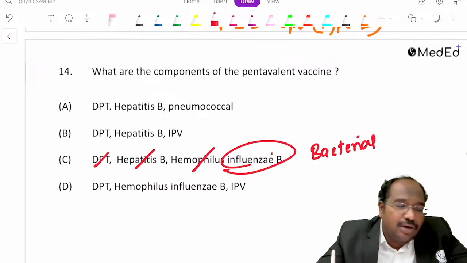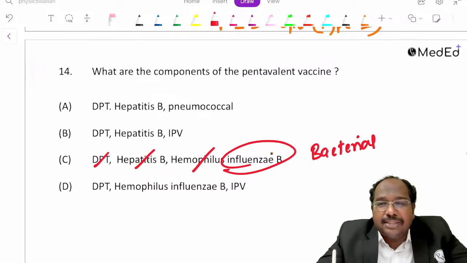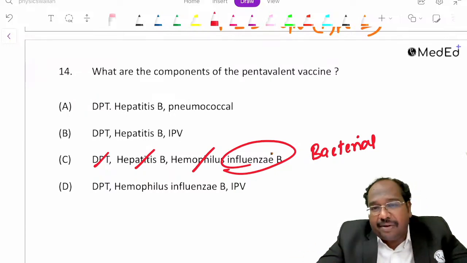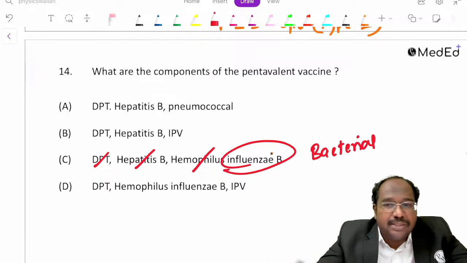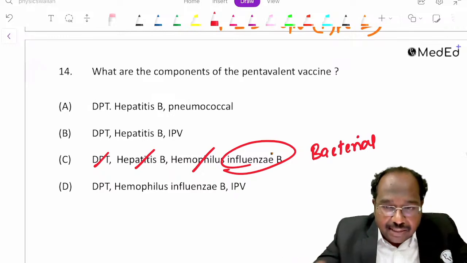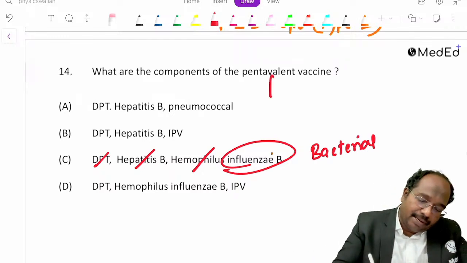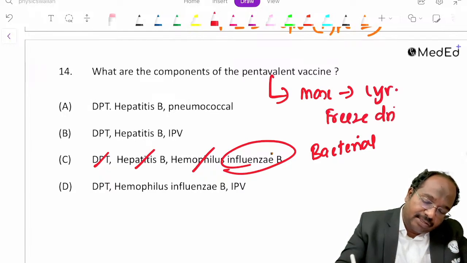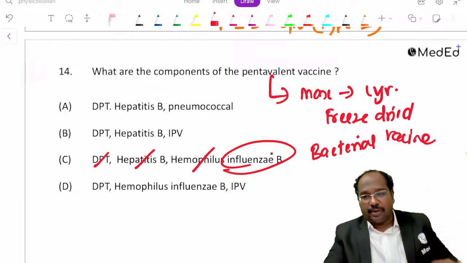Will it prevent influenza, the flu? No, that is a separate vaccine, which we don't give in the national immunization schedule. Maximum it can be given for 1 year, and it is a freeze-dried vaccine.